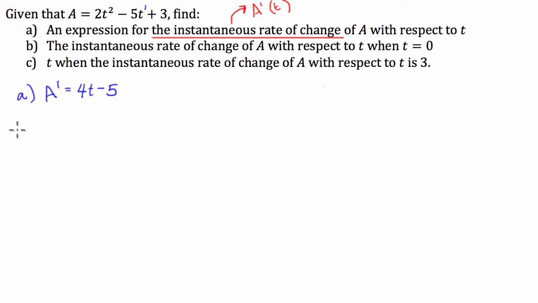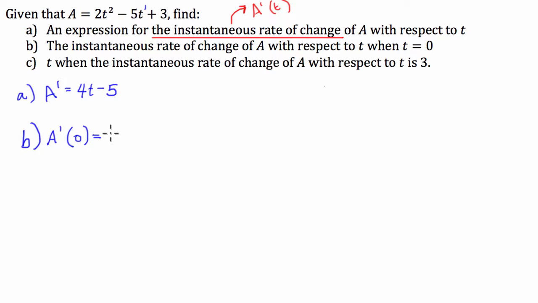So that's A. Now let's get on to B. The instantaneous rate of change of a with respect to t when t is 0. So we have to get a dash of 0. So all we do there is we substitute in 0, t equals 0, for t in our instantaneous rate of change function.